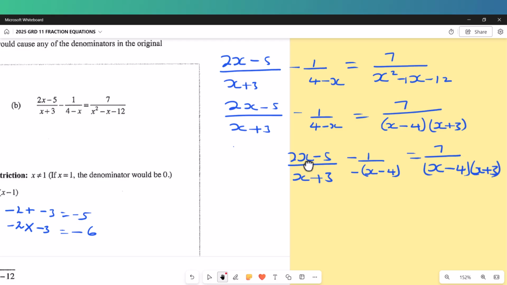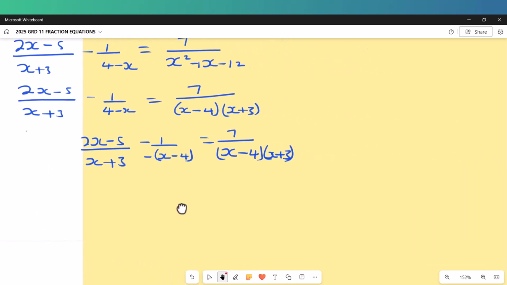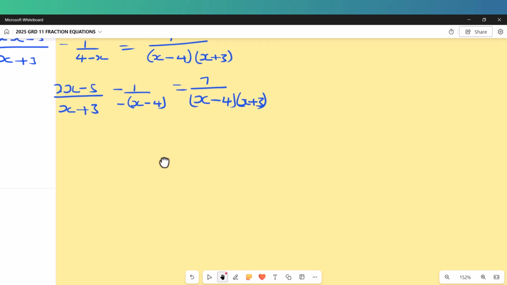So I have 2x minus 5 divided by x plus 3, and then plus 1 over x minus 4, equals 7 over x minus 4 multiplied by x plus 3.